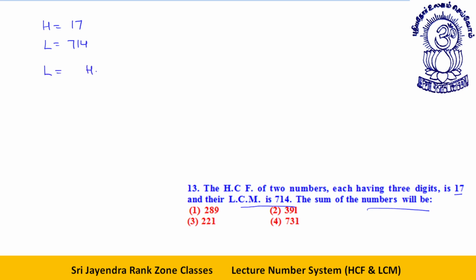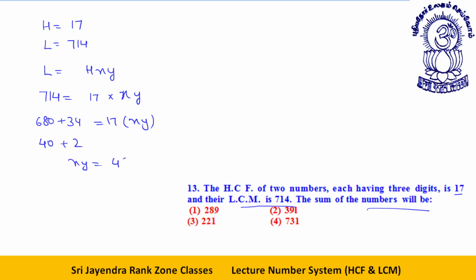L is H into X into Y, so 714 is 17 into X into Y. I can write 714 as 680 plus 34. If you cancel this by 17, you get 40 plus 2. XY is equal to 42. The only thing to keep in mind is both should be co-prime. The other thing is I know H is equal to 17.